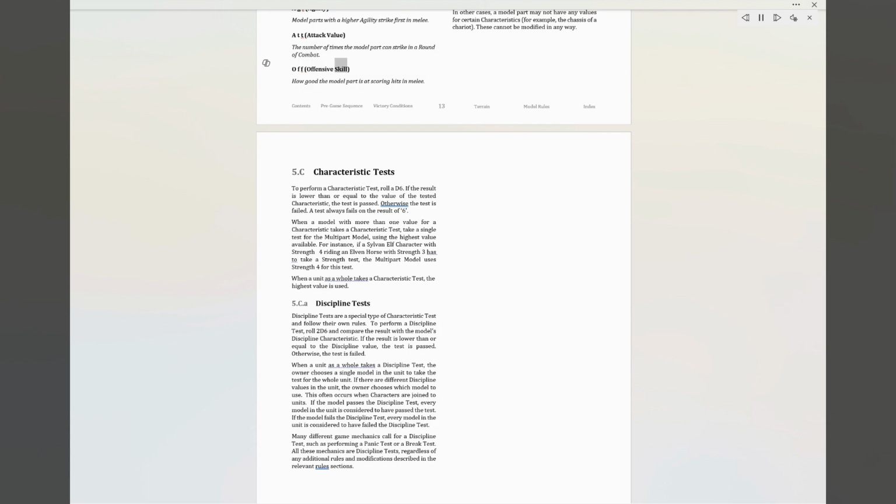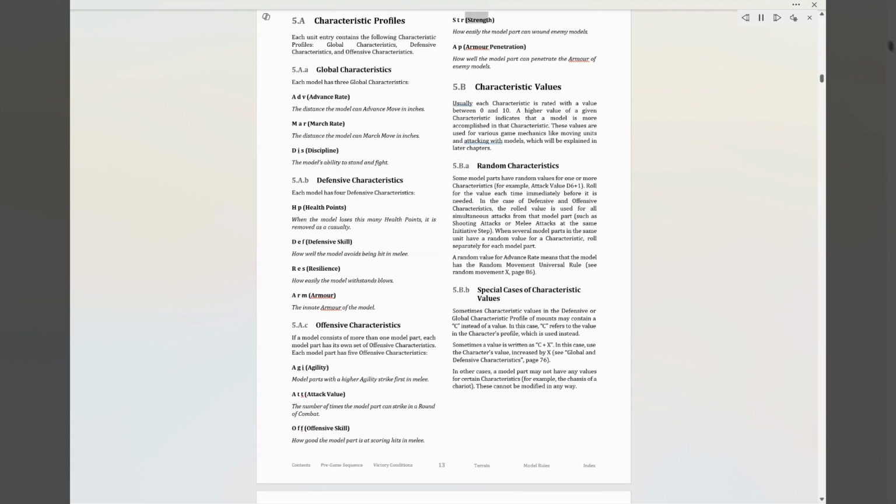OFF, offensive skill: how good the model part is at scoring hits in melee. STR, strength: how easily the model part can wound enemy models. AP, armor penetration: how well the model part can penetrate the armor of enemy models.